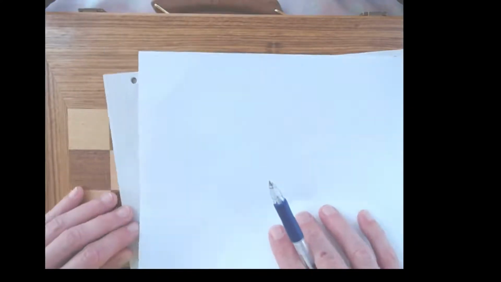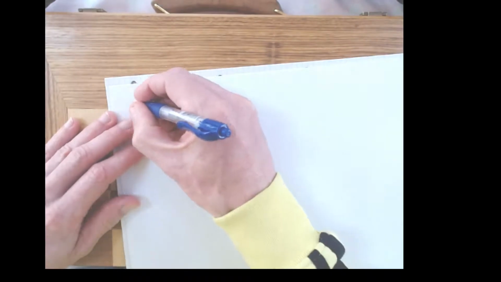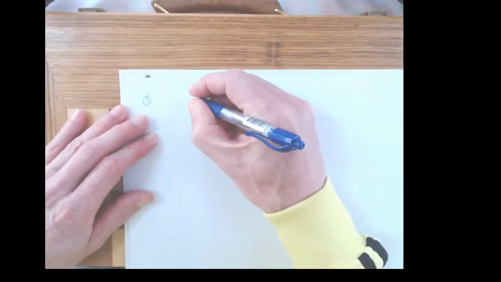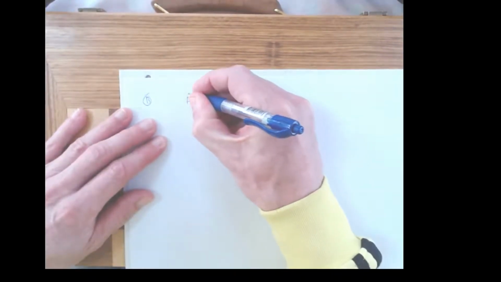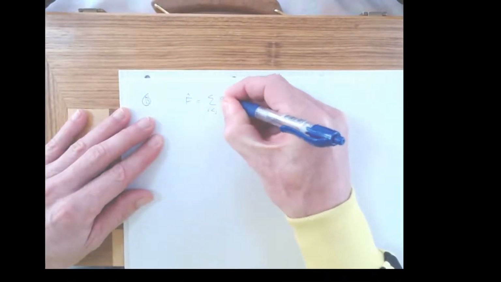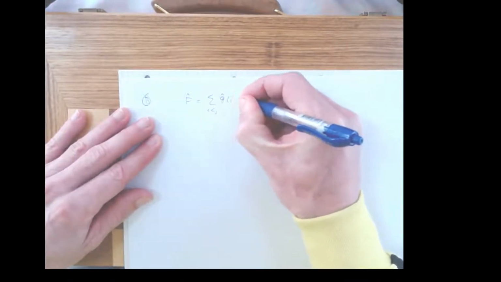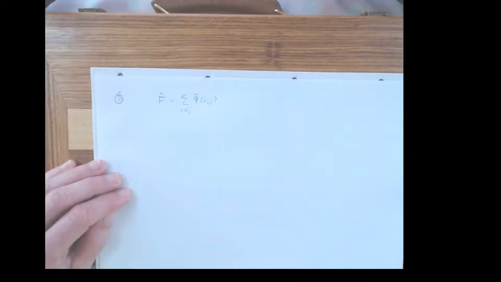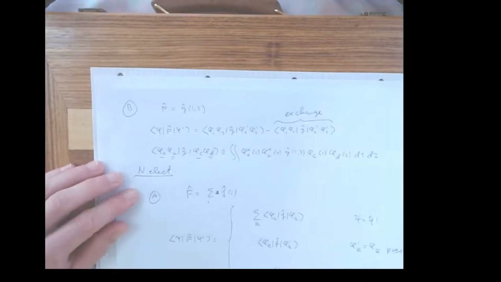So let's proceed to the B case. So now my F operator is a sum over all pairs of some two-body operator. So let's again look at what happened here.